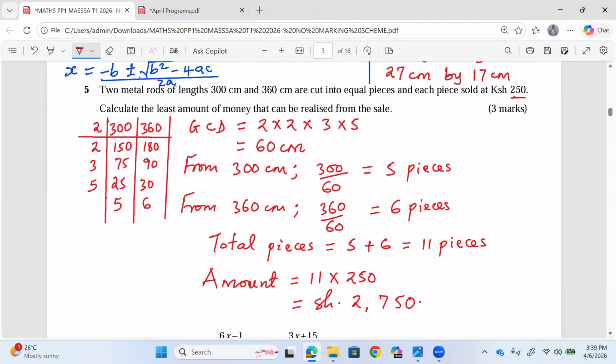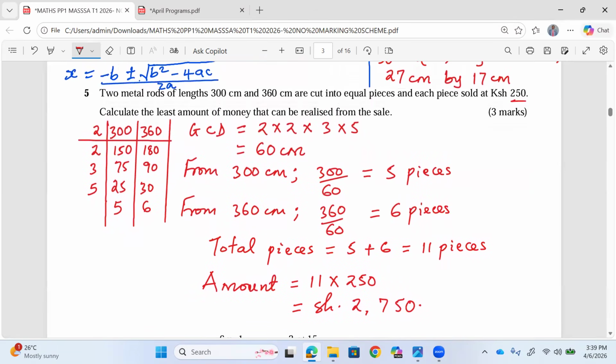So that is the total amount of money which will be obtained from selling the pieces of rods that are obtained from the rods provided there.